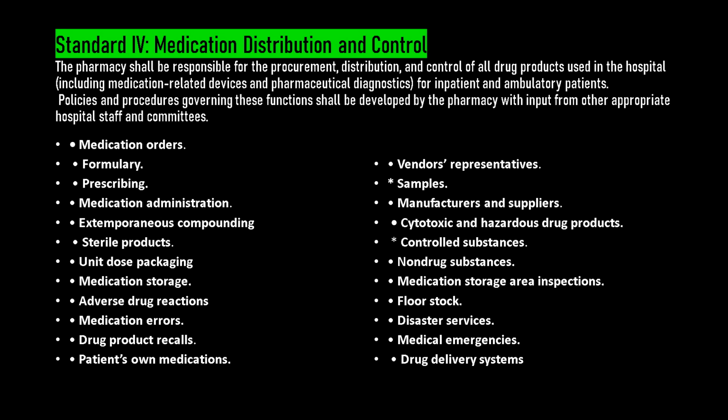Non-drug substances. The pharmacy shall seek and obtain documented authorization from the appropriate medical staff and hospital committee for the pharmacologic use of any chemical substance that has never received FDA approval for any drug use. Medication storage area inspection: all storage areas of the medication shall be inspected routinely.